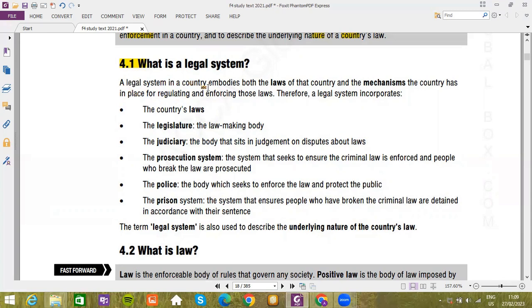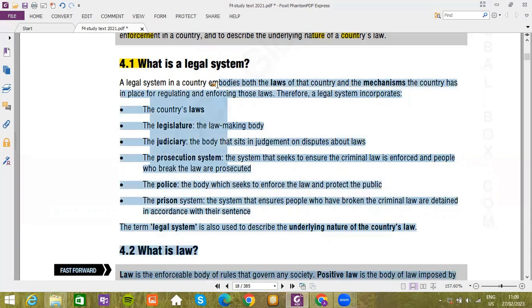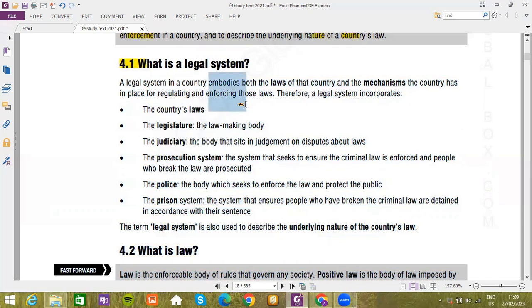A legal system in a country embodies both the law of that country and the mechanism the country has in place for regulating and enforcing those laws.